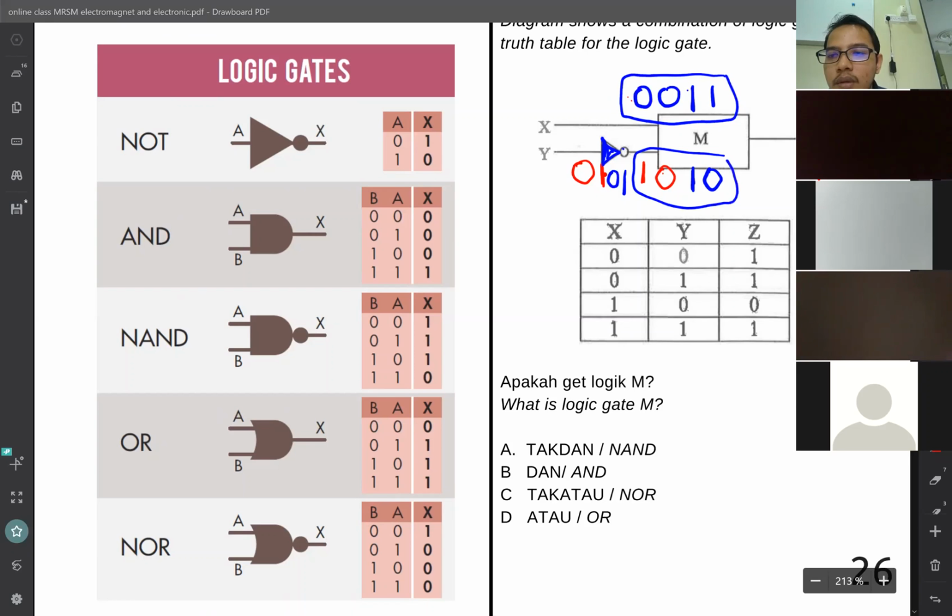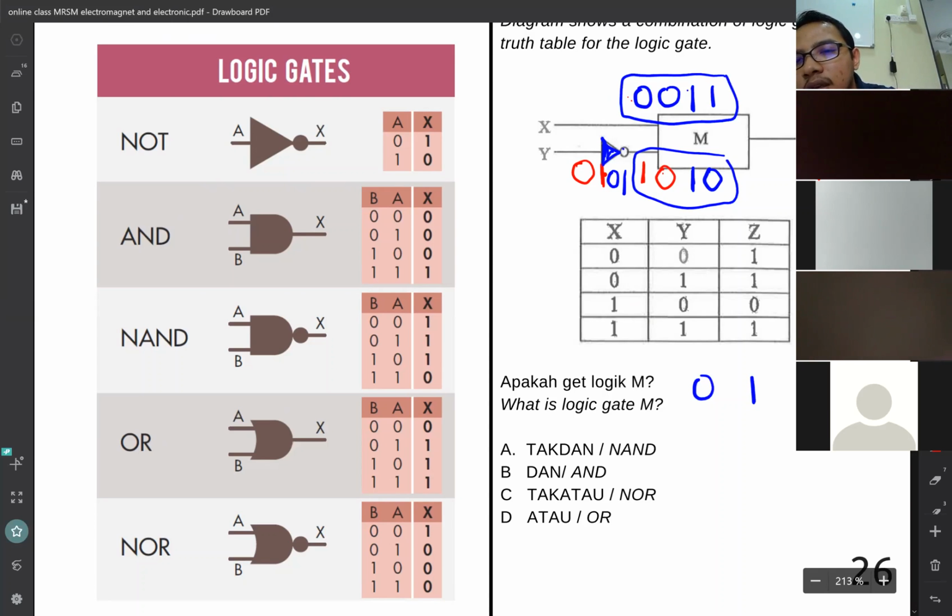Okay, D. Alright, so I nested D 0 1 1 0 0. This 1 1 1 0. 1 0 is 1. Right. So basically 0 1, 0 1, okay, 0 and 1 you get 0, you get 1.